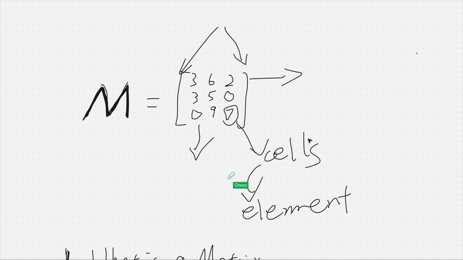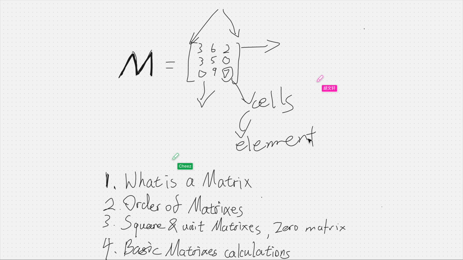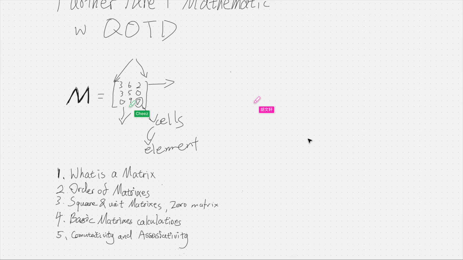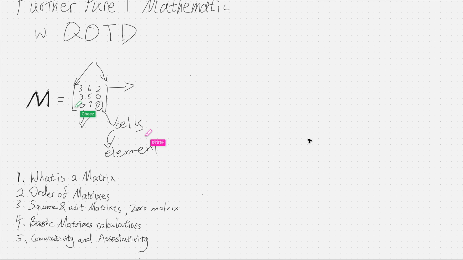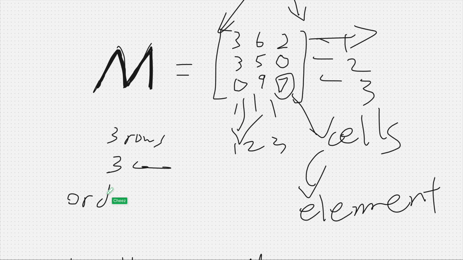And Raymond, tell us something about the order of matrices. So for this particular matrix, you can see there are 3 rows and 3 columns. So we can say the order of this matrix is 3 by 3.